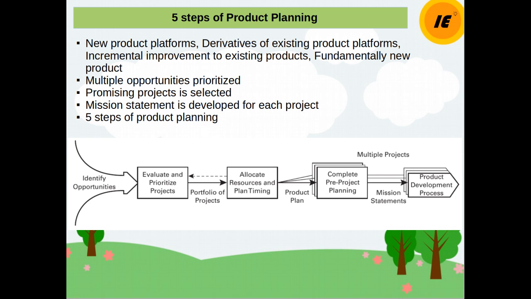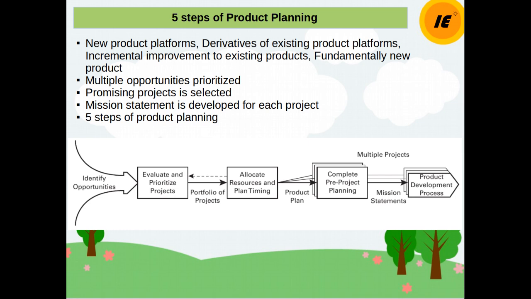Allocating resources means, of course, not just human resources, but also your other capital, as I said in the first slide. Then comes the actual product planning, where you have a complete understanding of how each project will go within this time frame, and it should produce a new product.